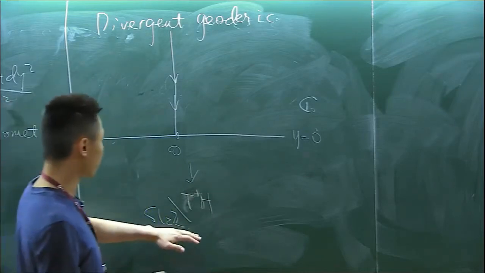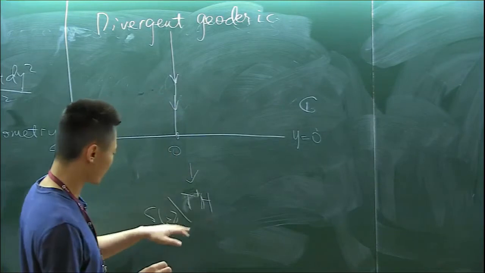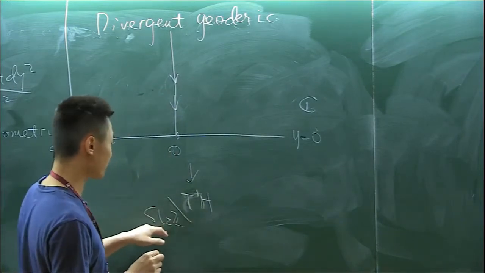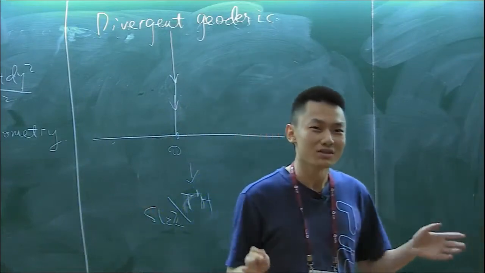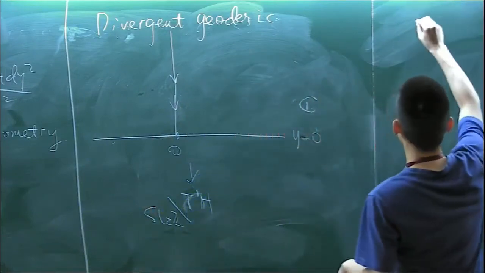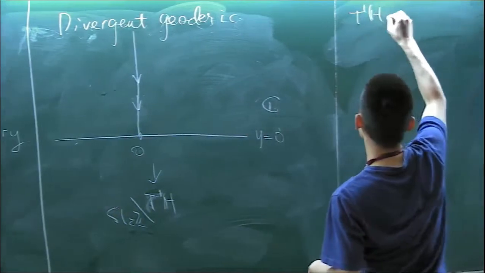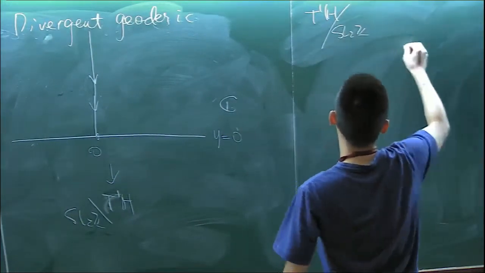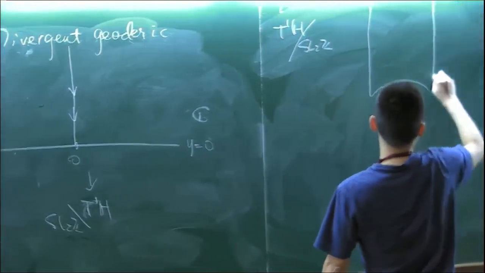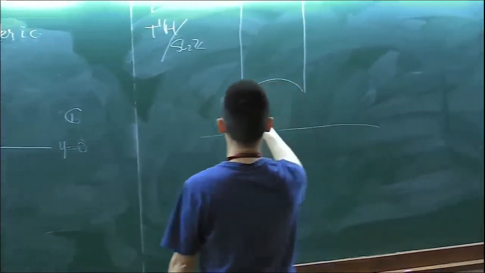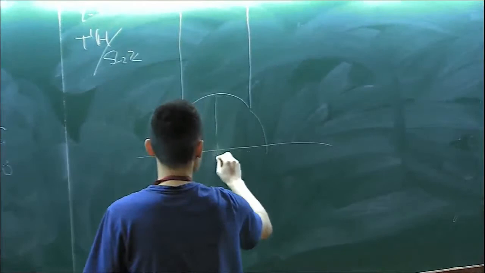So what is the picture there? The unit tangent bundle of H, quotient SL2(Z), has a nice fundamental domain. Whatever that means, let me draw a picture for you. So T1H mod SL2(Z) looks like this. So this is 0.